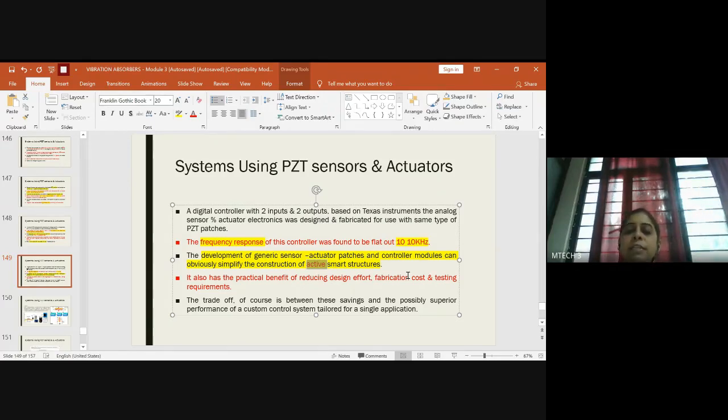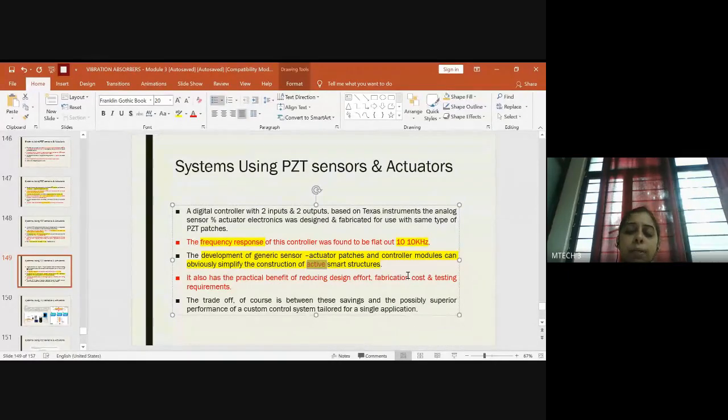If you have only a sensor to sense what has been happening, then it is a passive smart structure, because the sensors are only smart materials of the classification passive. You have studied in module 1 what are passive smart materials and what are active smart materials.